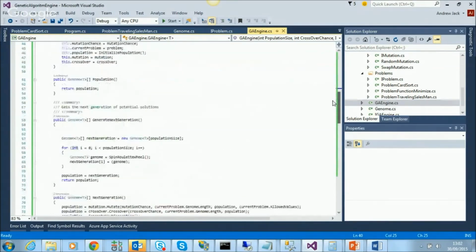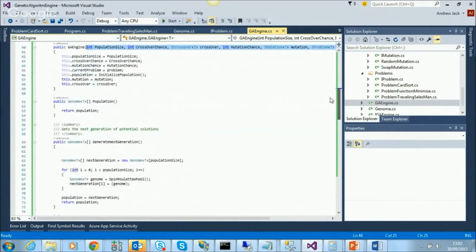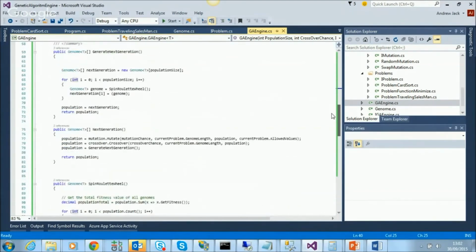The second function we're going to have is, once we've generated that initial population, the next thing we can do is generate our next generation. So in here, we're going to go around each member of the population, and we're going to spin the roulette wheel, which is that pie chart that we showed you earlier.